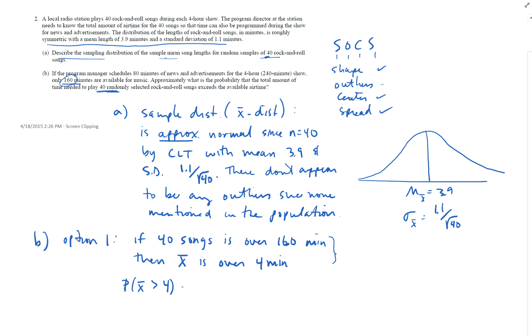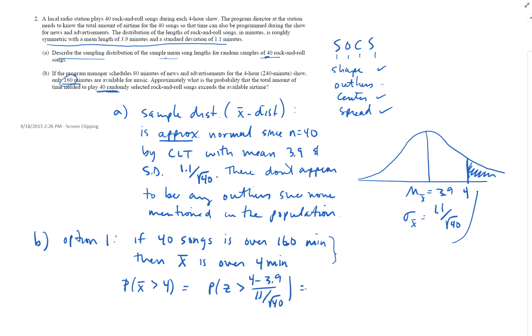If I come over to this graph over here, we're really just saying, if this is 4, what's the probability that I'm over here? Well, that's just the probability that Z is greater than 4 minus 3.9 over 1.1 divided by the square root of 40.